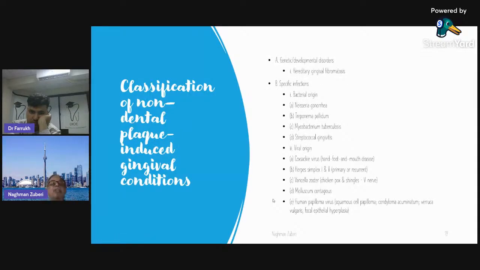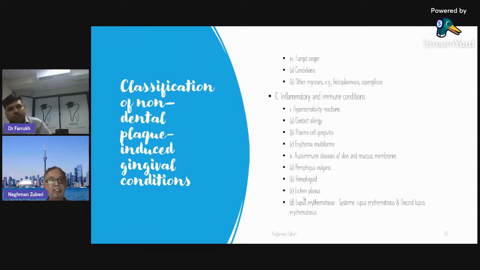When we talk about the non-dental plaque-induced gingival conditions, there are many conditions which may contribute towards gingival inflammation. They could be genetic or specific bacterial, viral or fungal infections. I'm not going into the details because we do not have that much time, but maybe someday we will have a lecture completely on these things.